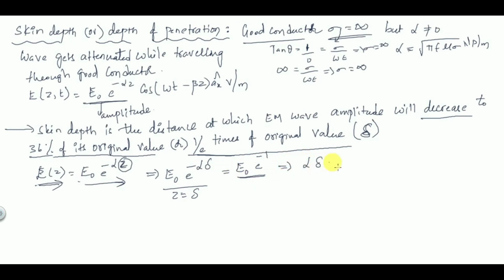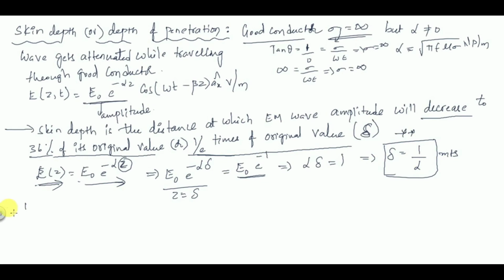Alpha into del is equal to 1. That is, del is equal to 1 by alpha, in meters. This is the formula for skin depth: skin depth is equal to 1 by the attenuation constant, the inverse of the attenuation constant.